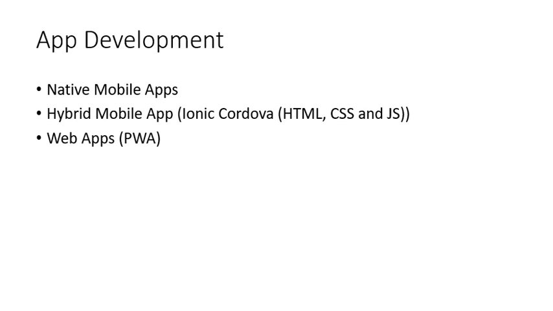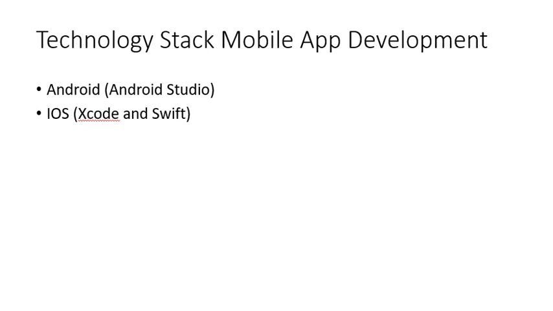We only need to develop one web application and enable it with progressive web app. Most frameworks like Angular support progressive web apps. You can watch my other tutorials where I'll teach how to build a progressive web application in future. That's about mobile app development.